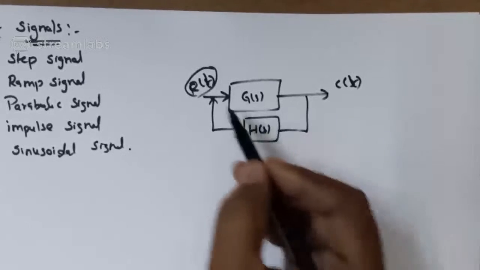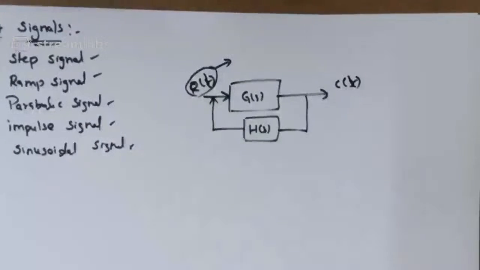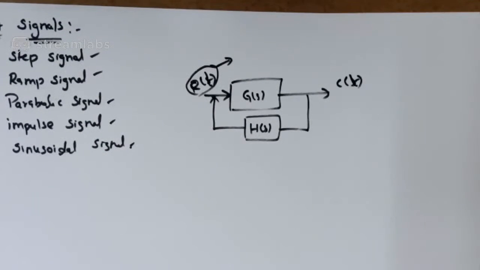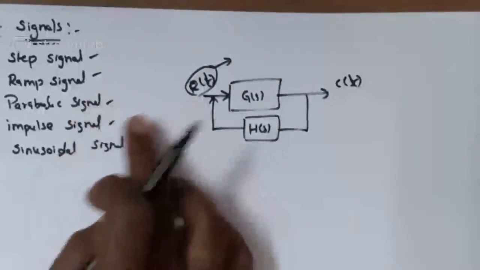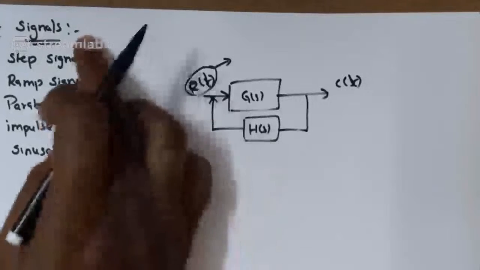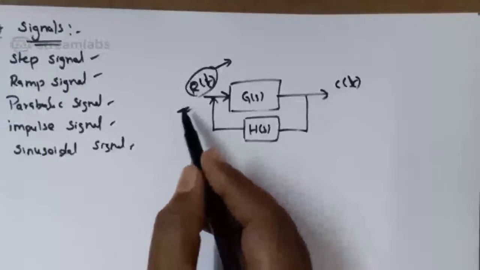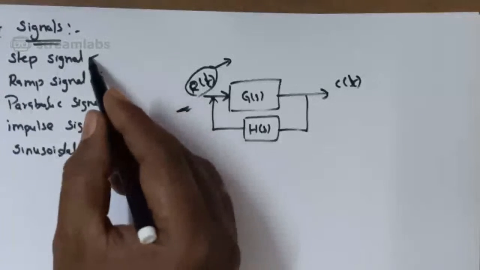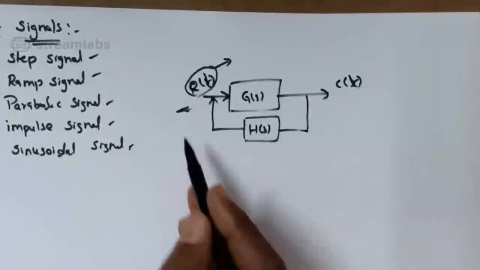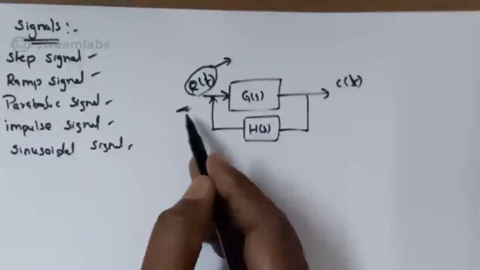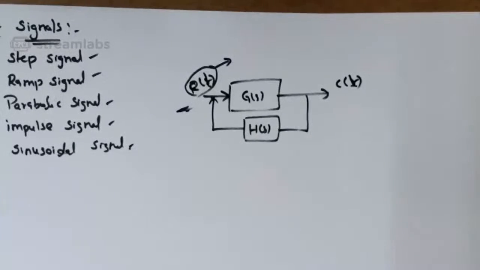We all know that. So in place of R of t, we can give these signals as input signals. We can give the step signal, ramp signal, parabolic signal, impulse signal, and sinusoidal signal as an input here.